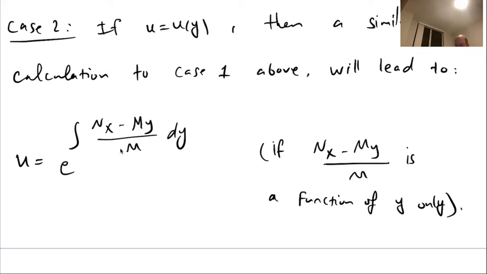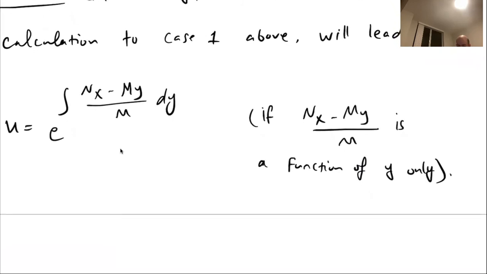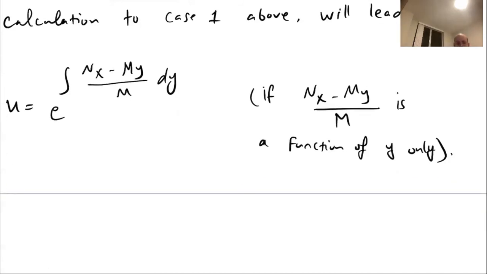Now we can look at an example here. So here this is m. And let's look at another example.